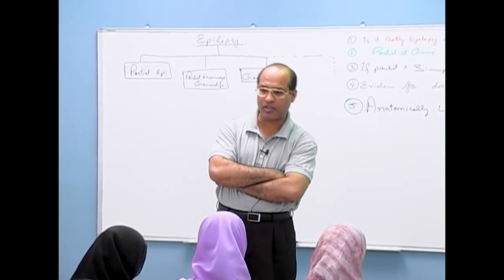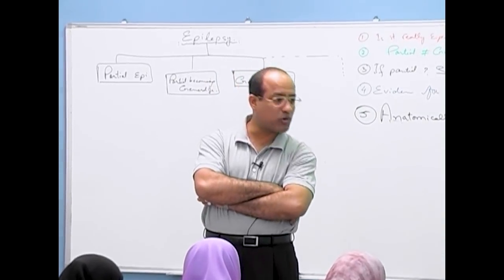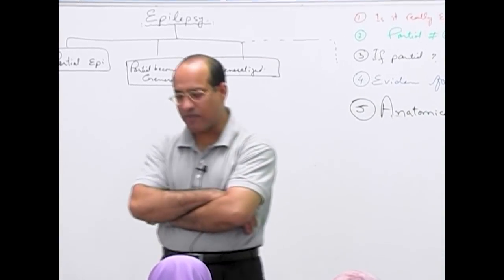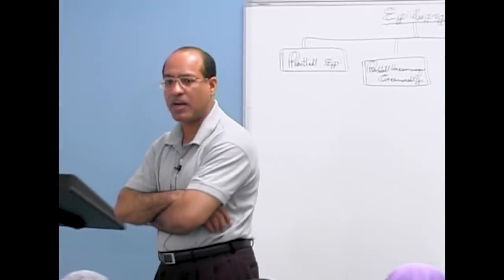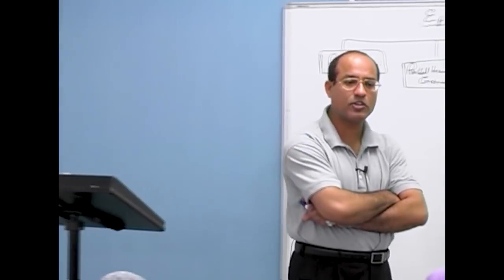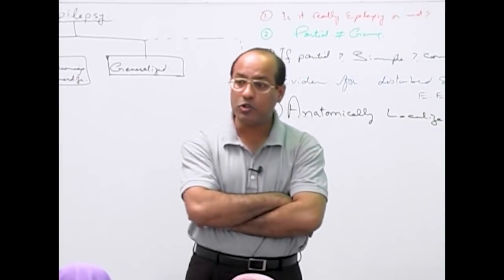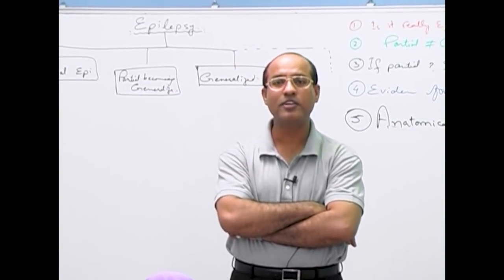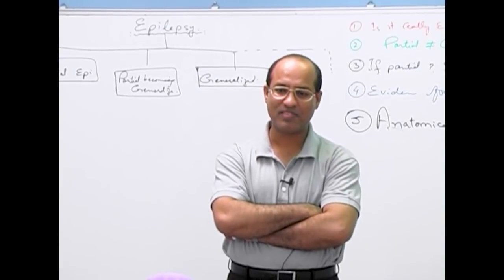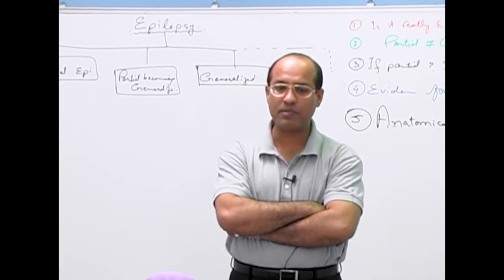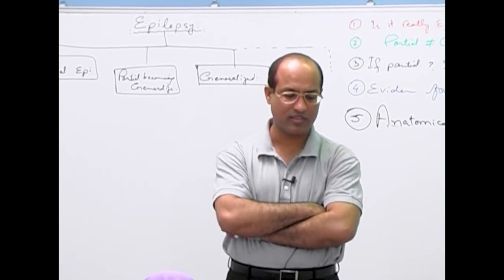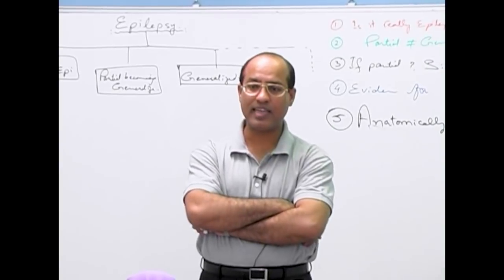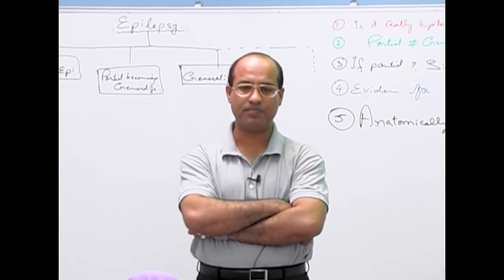For example, you have a tumor, or infarction, or vascular anomaly, or infection in some part of the brain, or abscess, or hemorrhage. Due to that reason, epilepsy appears as a symptom. Then that is called symptomatic epilepsy. Symptomatic epilepsy is when there is some underlying disease which can be managed, and epilepsy is appearing as a symptom.